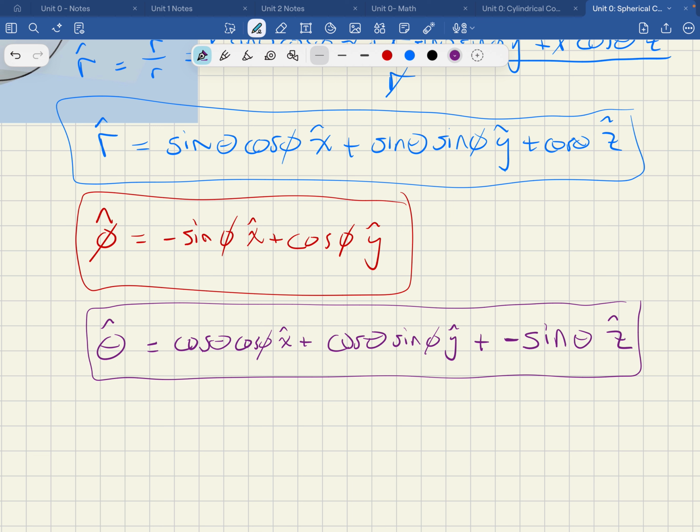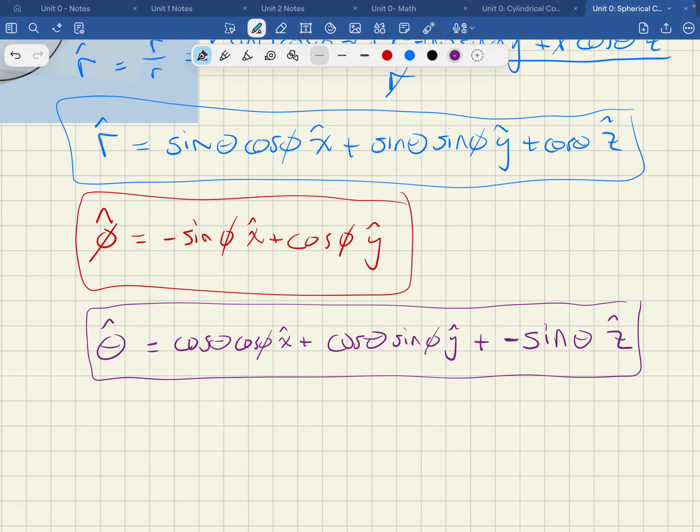So let me double check. r hat is sine theta cosine phi x hat, sine theta sine phi y hat, cosine theta z hat. Theta hat is cos theta cos phi x hat, cos theta sine phi y hat, minus sine theta z hat. And phi hat is minus sine phi x hat plus cosine phi y hat.